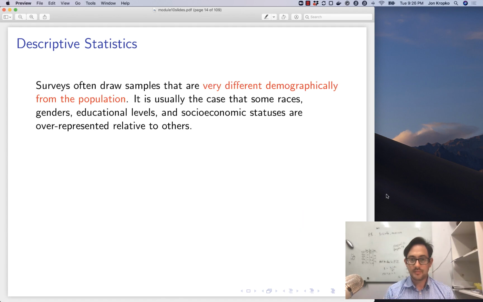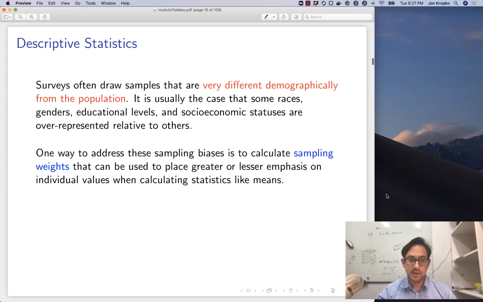Now, for a variety of reasons, we might have a survey that uses sample weights, or there might be other kinds of data that use other kinds of weights. Sample weights are used when a randomly drawn sample differs demographically from the general population. We use these sample weights to make our random sample more in line with the population. So we can use those sample weights to calculate things like means to get a more accurate picture.